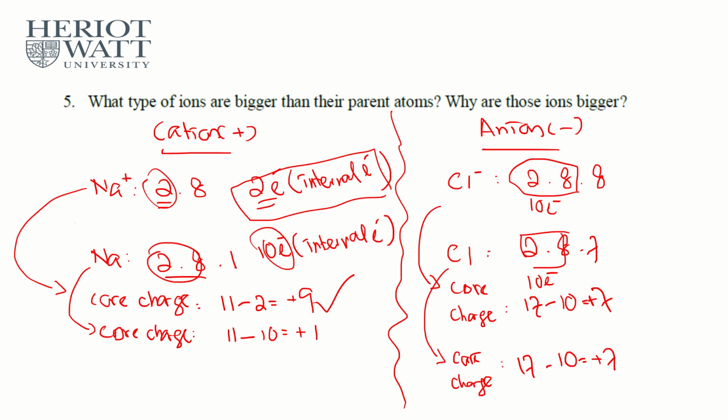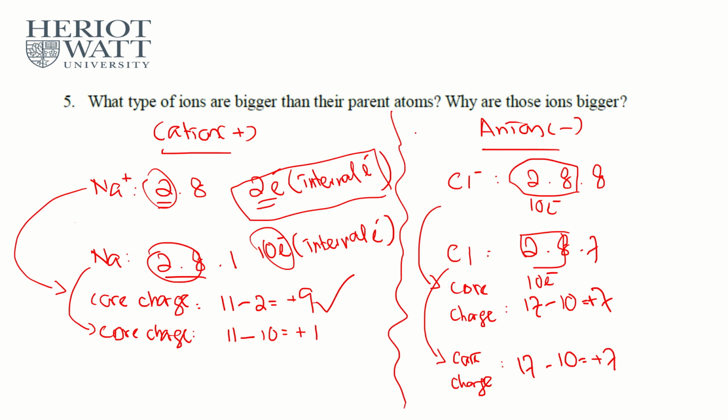Why? Because when you move across a period, additional electrons are added into the valence shell. These additional electrons still contribute to a repulsion force, and this repulsion force will make the ions or atoms slightly bigger.